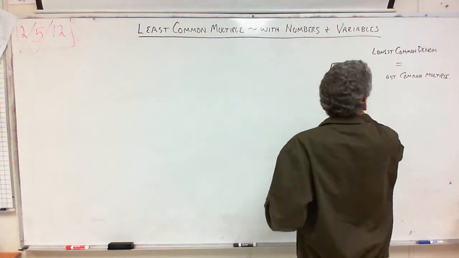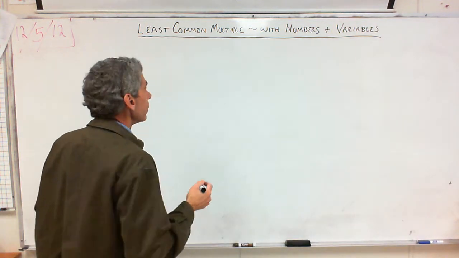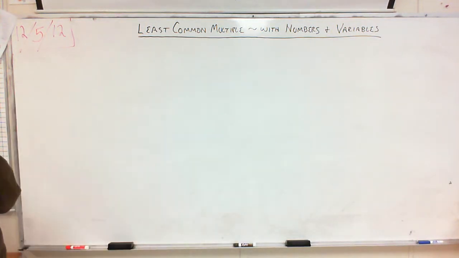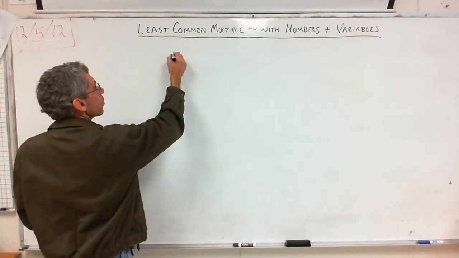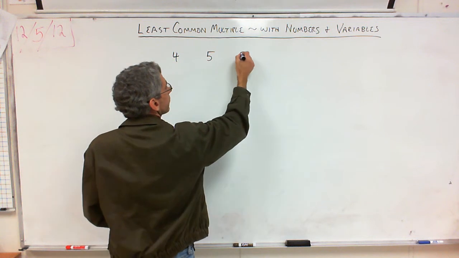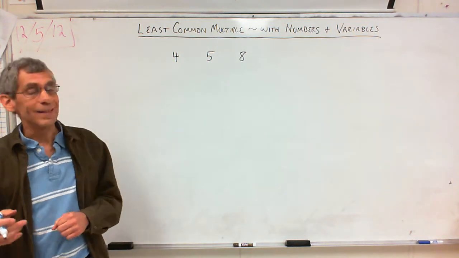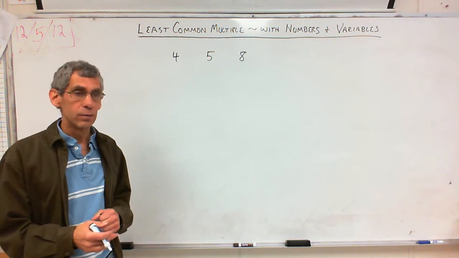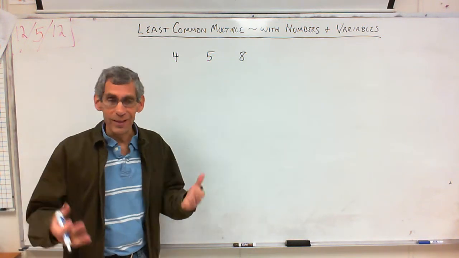All right, so let's talk about it. If I was going to choose between 4, 5, and 8, and I wanted to find the least common multiple, some of you already know exactly what you're doing.